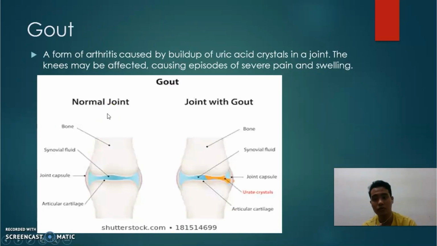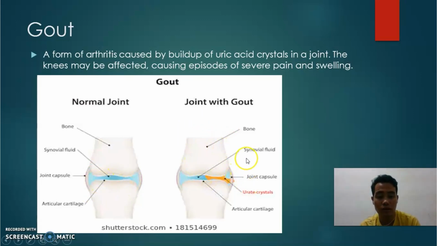Okay, gout. A form of arthritis caused by build-up of uric acid crystals in a joint. The knee may be affected, causing episodes of severe pain. So in the normal joint, you can see the synovial fluid. You can see the joint not affected by gout, and we can see the joint with gout.